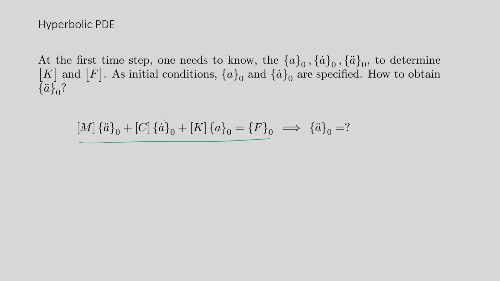Now we will substitute the known terms, so we can take these two terms to the right hand side, and since M is always a positive definite matrix, we can invert it and obtain the acceleration at time instant t naught. That is how we will arrive at the acceleration at time equal to t naught. So once I find it at t equal to t naught, I can easily take the step delta t naught and I can find out the same thing at time instant t equal to t1, following the equations I just now explained.